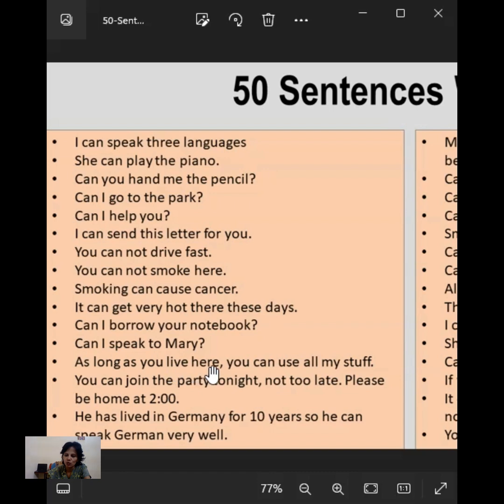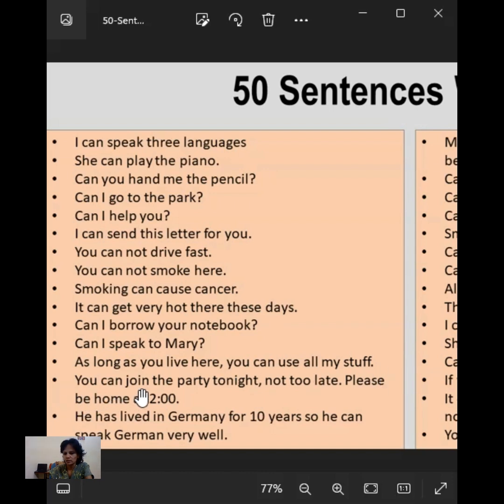Until you stay in their home, you are allowed to use their things, at their home or where they are living. It depends on how long you will be there in their home. So you have the right, you have no objection to use their stuff, their objects, their things. That is what it means.